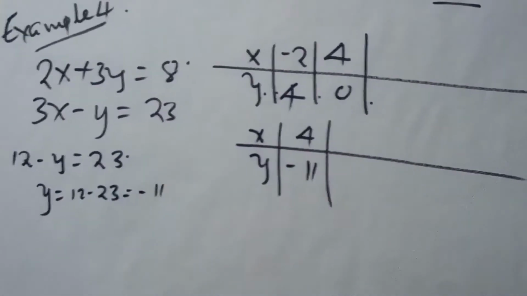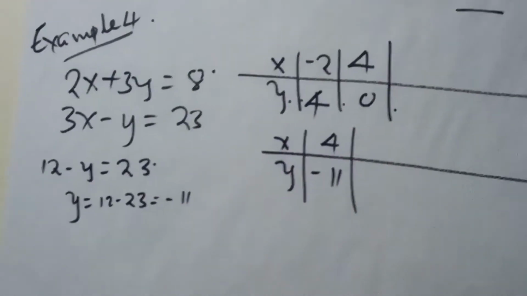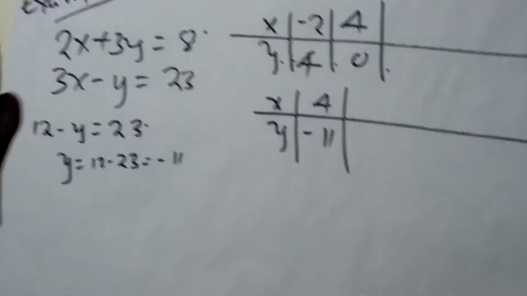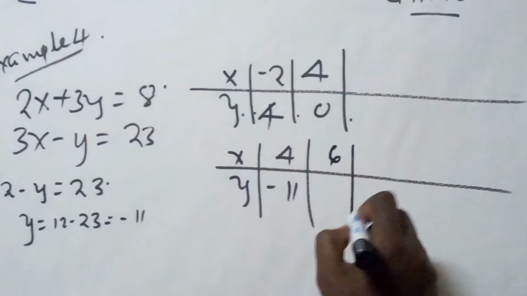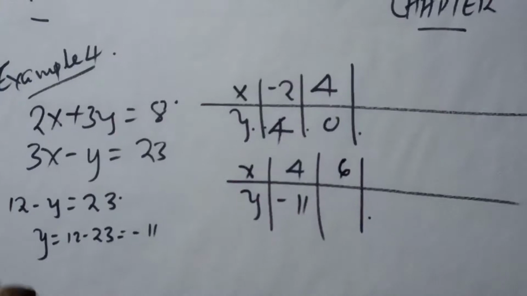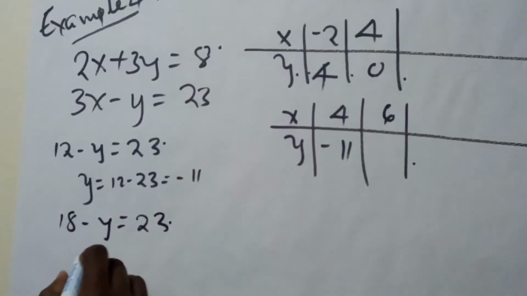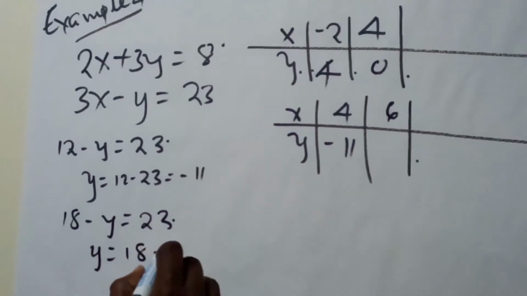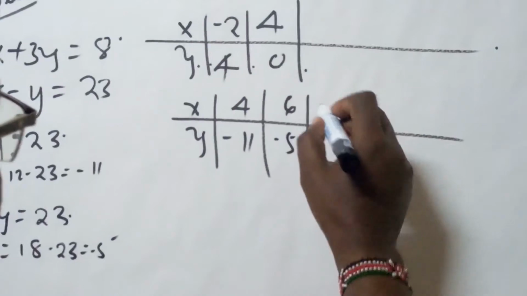Let's talk of when x is probably a value like 7 or 6. Let's talk about 6. 6 times 3 is 18, minus y is equal to 23, and y is 18 minus 23, which is minus 5. What about 7?